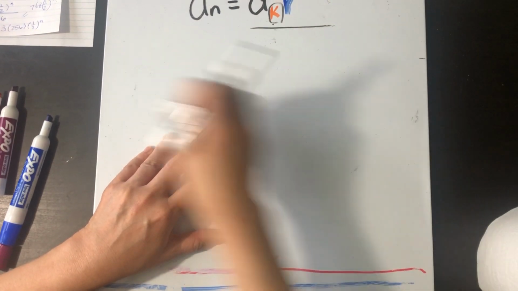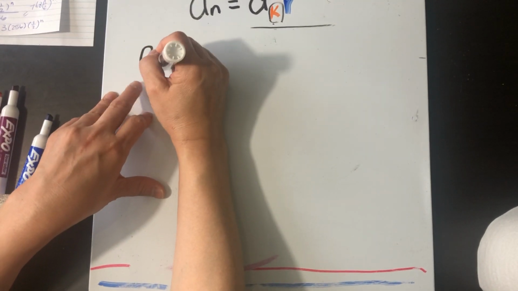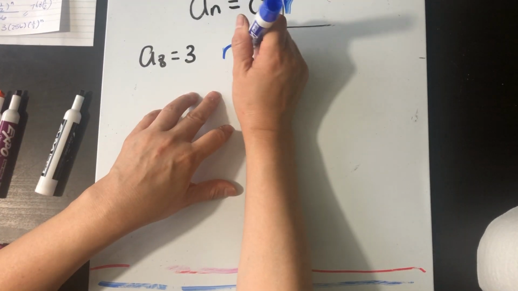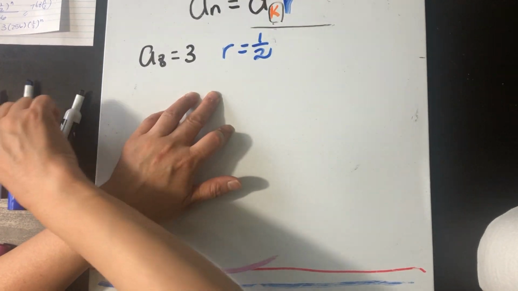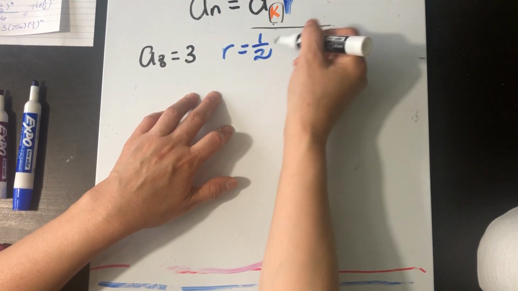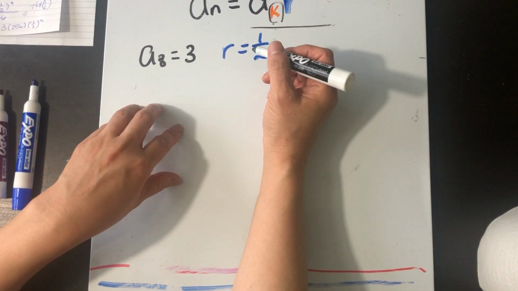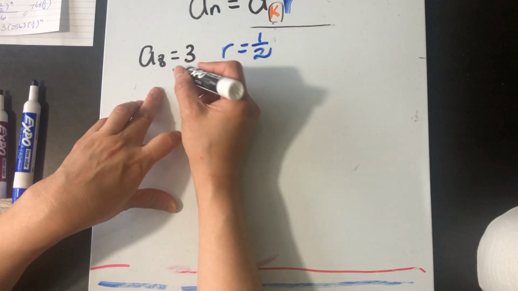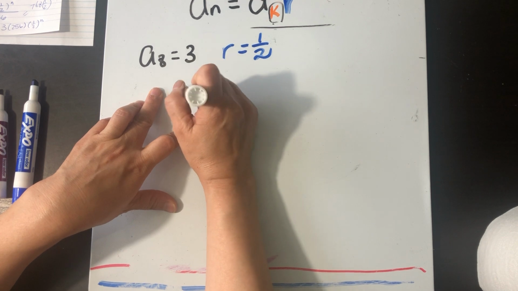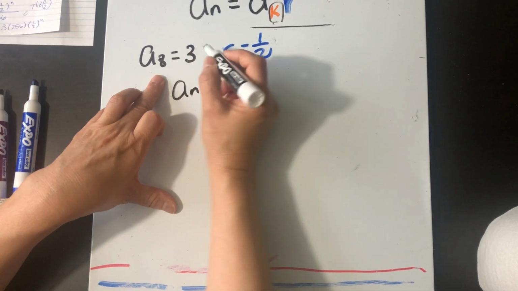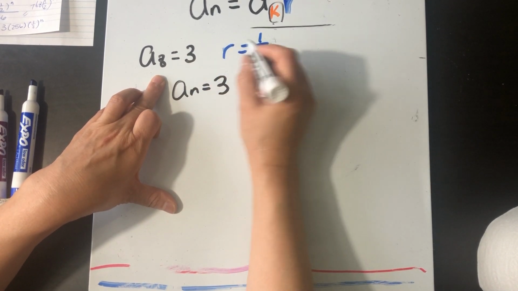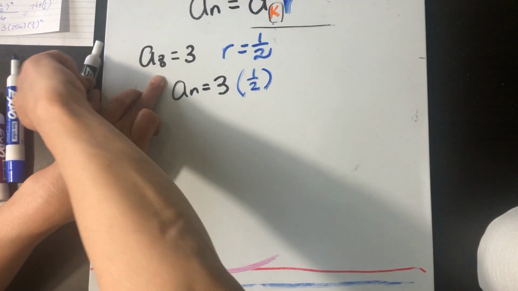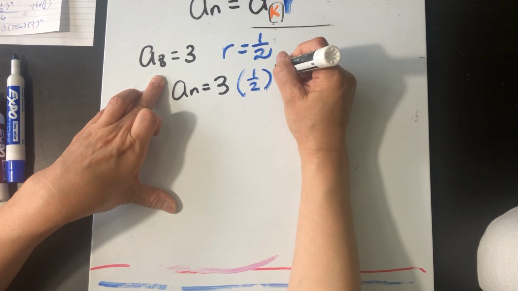One more question. In this case, the first term is 3 and r is half. So let's do that again. We're going to use that formula. An is, because this is what's given, 3, and half. n minus k is n minus 8.